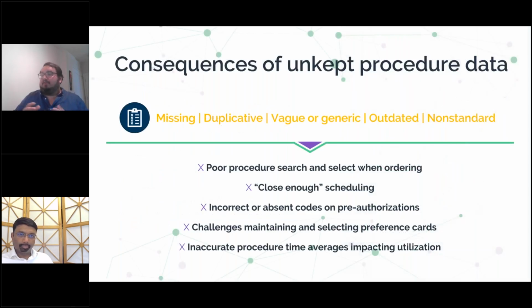So what are the consequences of these things that we've been talking about so far? Well, some of the consequences are that it can be hard to find the appropriate procedure that you're looking for to search and select when you're making your order, or when the OR scheduler's scheduling the case. This often leads to something we call close enough scheduling. So close enough scheduling occurs when you select a procedure that is similar to the one you actually want to perform, and then you free text over that procedure in order to give it the name that the surgeon would like to do.